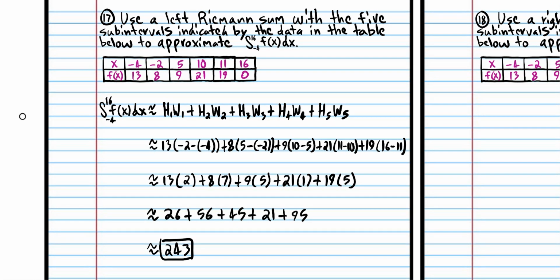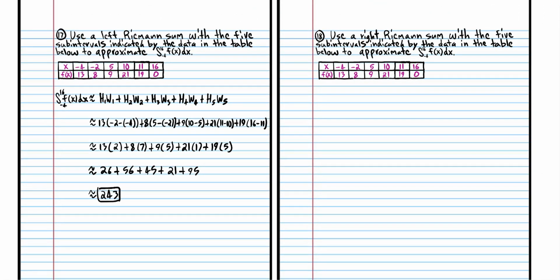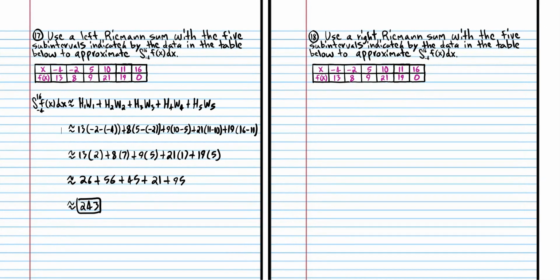Okay, and you don't have to write the H's and the W's if you don't want to. I probably should have mentioned that. You don't have to do that if you don't want to. So go ahead and try 18. Now we have a right Riemann sum. So we're going to start with this number as opposed to this number. And again, we have 5 rectangles. So try number 18. When you come back, we'll do it together.